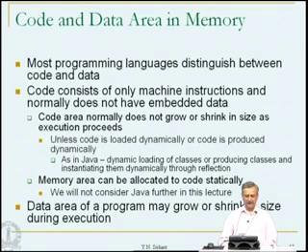So, this is an example where whatever I just said, that the code area does not normally shrink or grow in size, is not valid. In Java, because of dynamic loading of classes, the code area can grow and it can also shrink. The class is abandoned once there is no use for it.